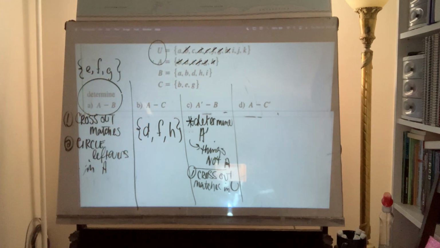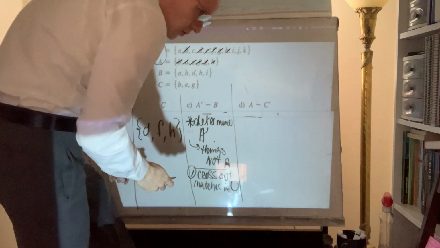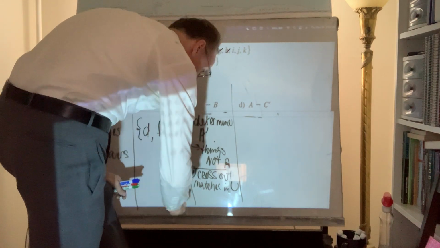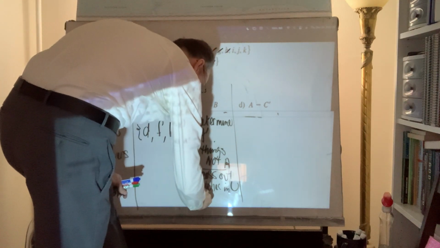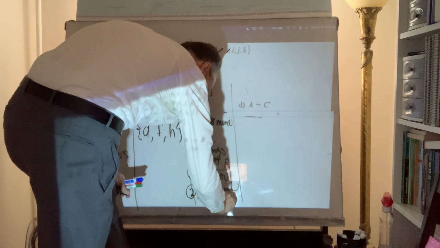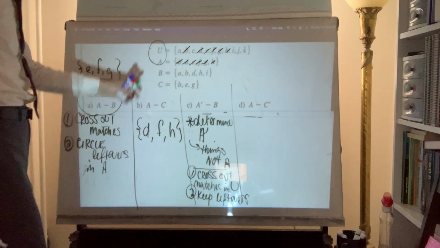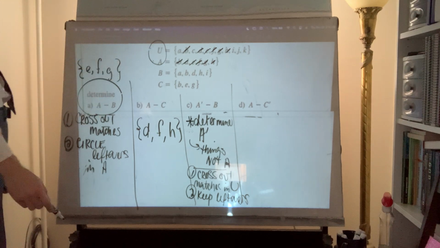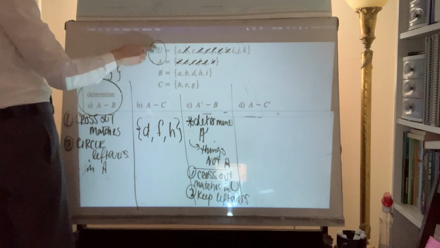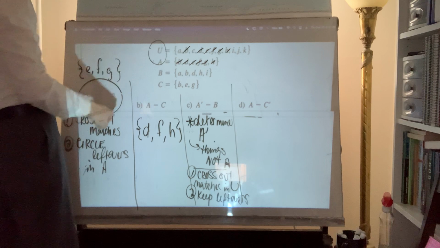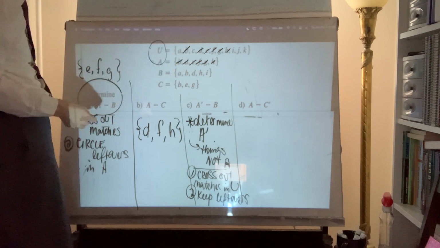All right. So now we're going to circle what is left over. Keep the leftovers. I should specify the leftovers that are in U, but it's kind of intuitive anyway because A is always going to be a subset of U, so you're not going to have anything to circle in that. But what do you have?